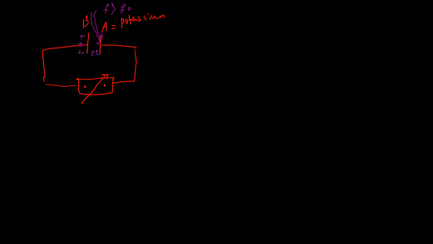But if I apply a negative voltage to plate B, for example, instead of positive, if plate B is negative, this plate B repels electrons.